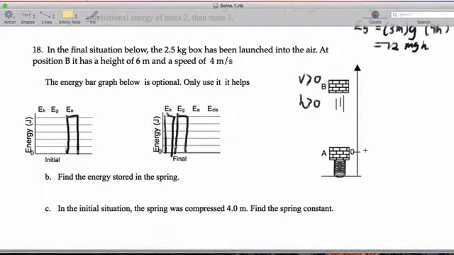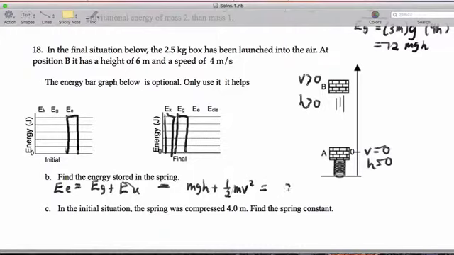And here, that's the 0 point. So we have v and h equal to 0, and all our energy stored in the spring. So we're going to have E elastic equals gravitational and kinetic energy combined. When we put these numbers in, we have mgh plus 1/2 mv squared.